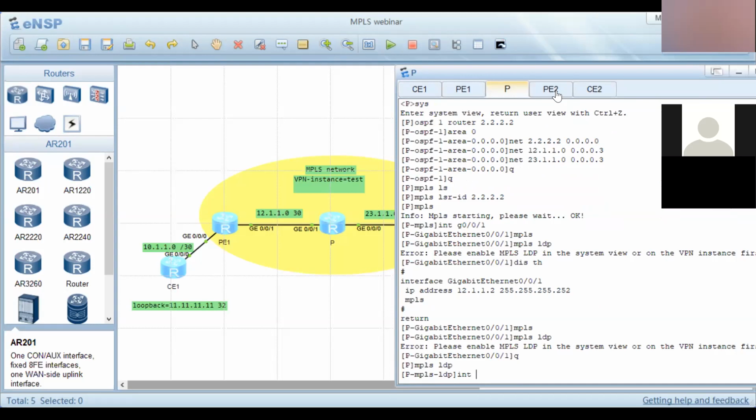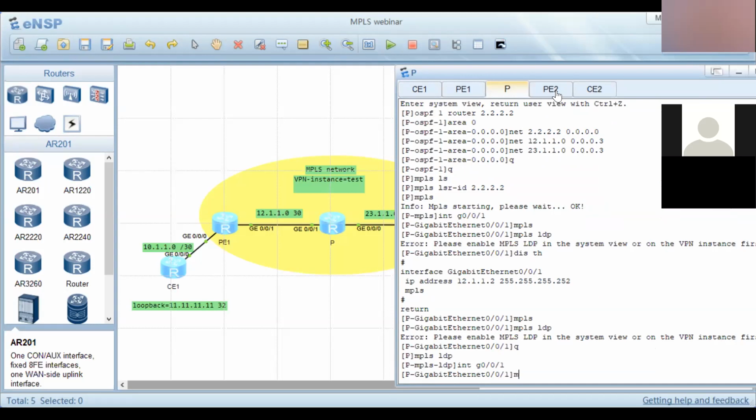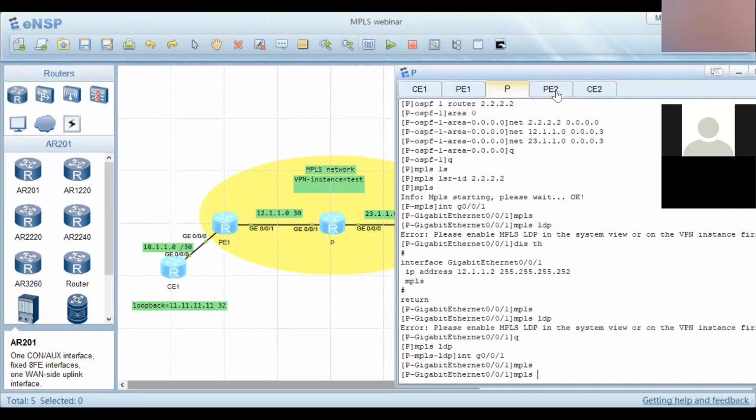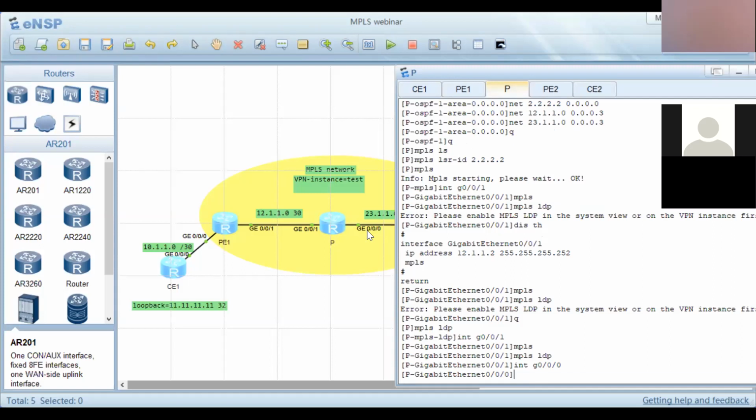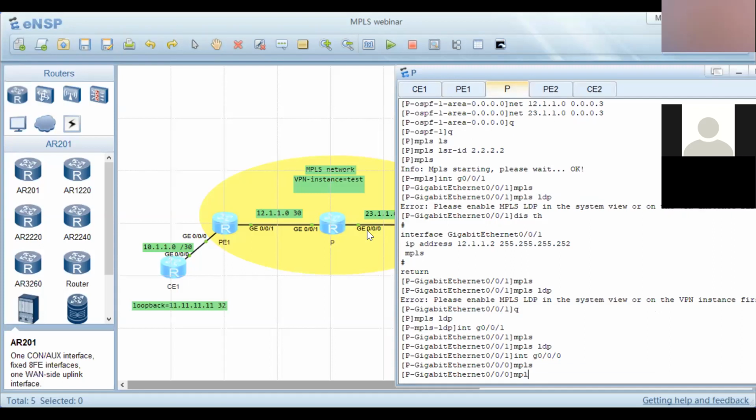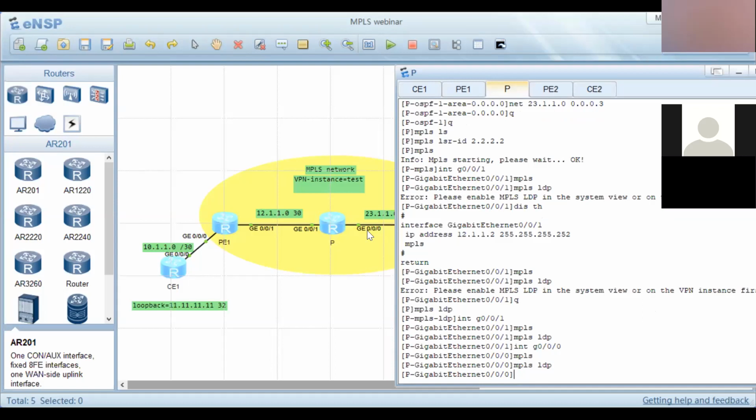So on interface G0/0/1, MPLS LDP. So we configured the label distribution protocol for G0/0/1. The same is going to be done on this interface that connects to the PE2. So we finished configuring the MPLS on P.